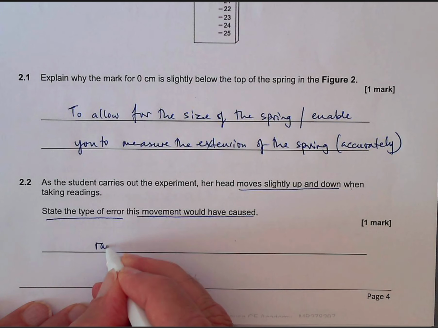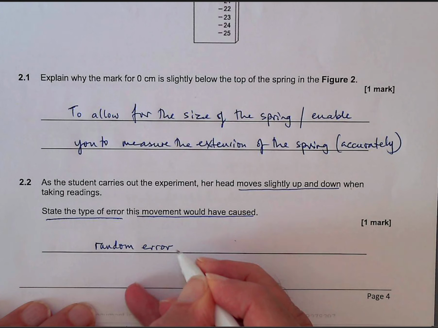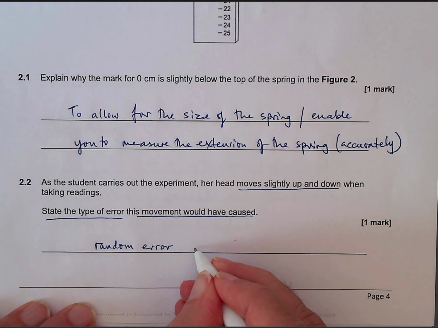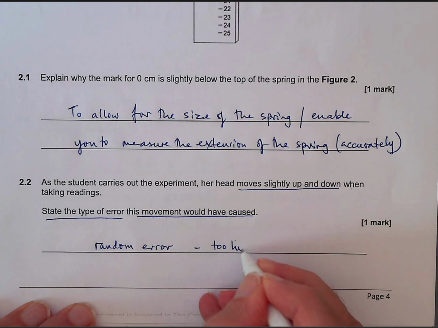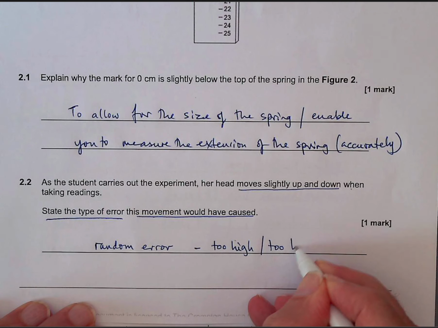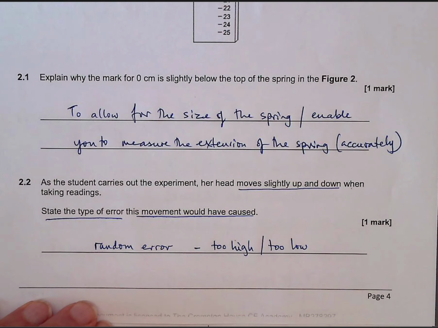This is a random error, because if her head is moving up and down, once the reading could be too high, or next time it could be too low. There is no systematic way of telling whether she's doing all her readings from too high a position or too low.